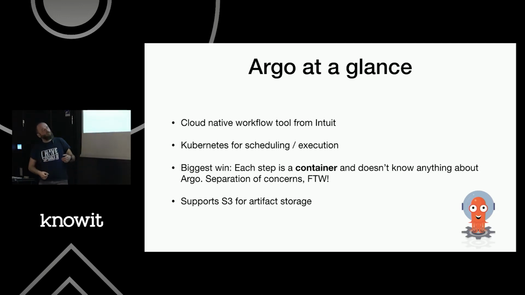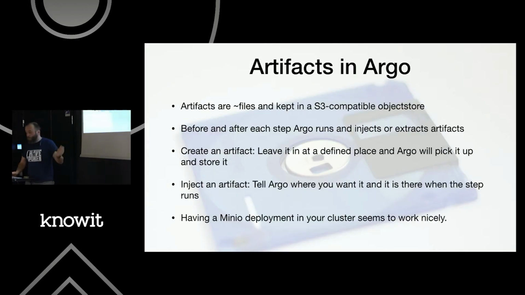For me, that was one of the biggest gains compared to something I would write myself: you could spit out artifacts and it would handle moving them from step to step for me. I'll talk more about this now. During a workflow, the artifacts are the files that are created while you do some sort of computation.